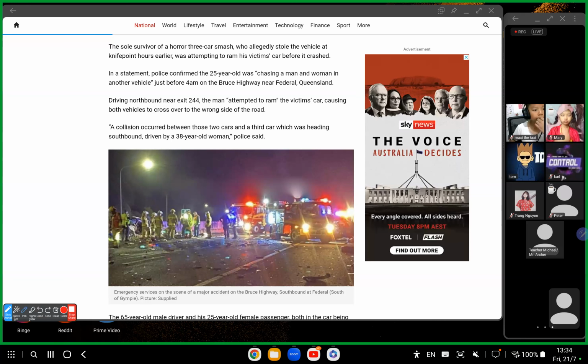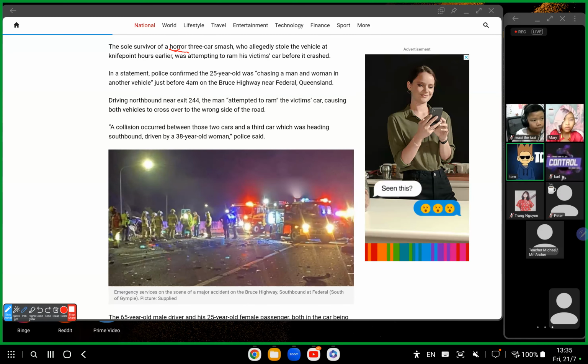The sole survivor of a horror, again, that word horror, three-car smash, who allegedly stole a vehicle at knife point hours earlier, was attempting to ram his victim's car before it crashed. In a statement, police confirmed the 25-year-old was chasing a man and a woman in another vehicle just before 4 a.m. on the highway.